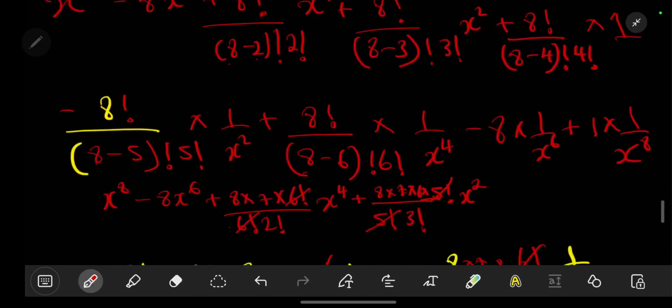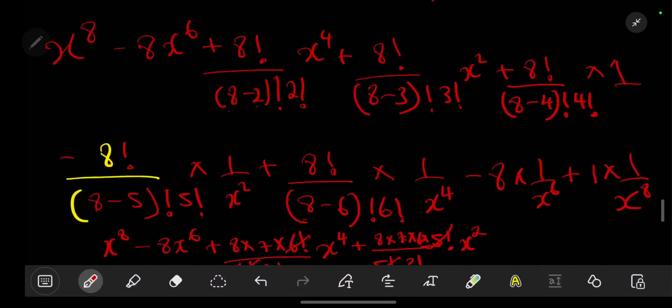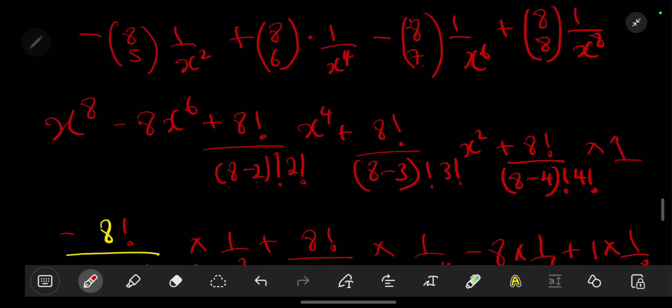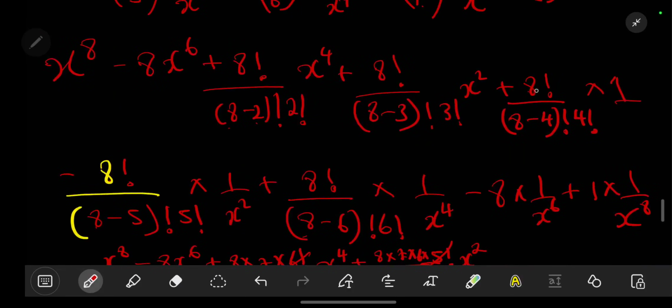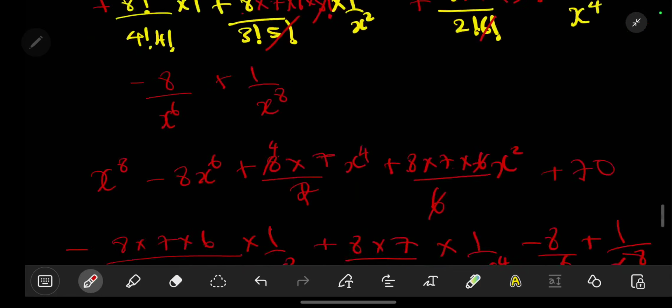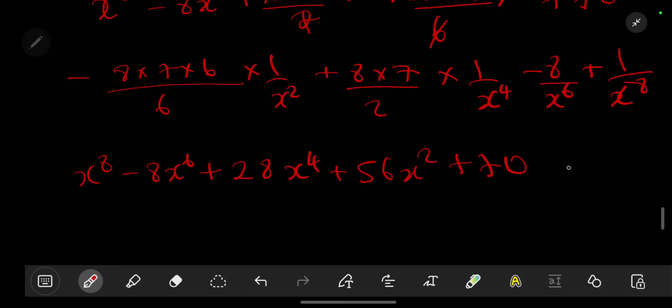If you look at the one that is producing the 70, the one that is being multiplied by 1, here we have a negative, so we have to apply that negative. We have minus 56 over our x squared.